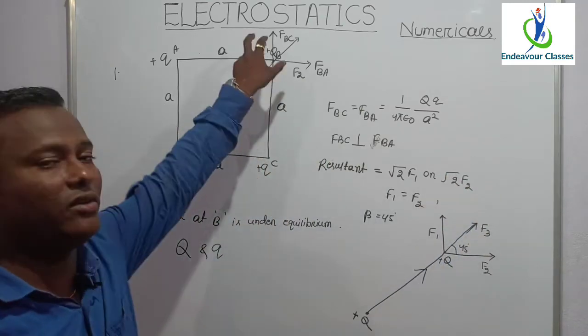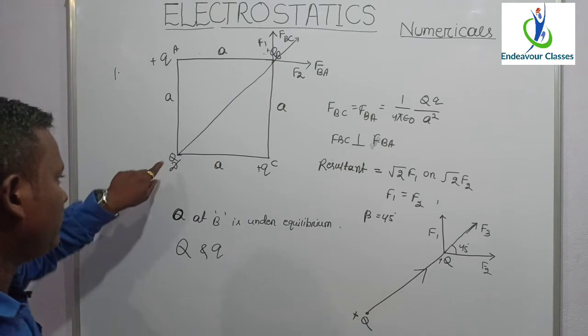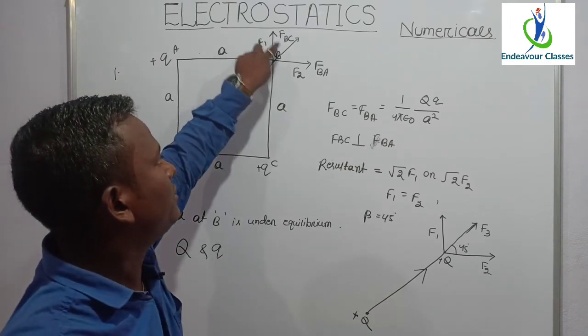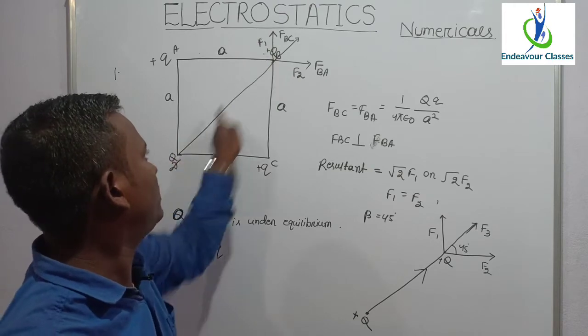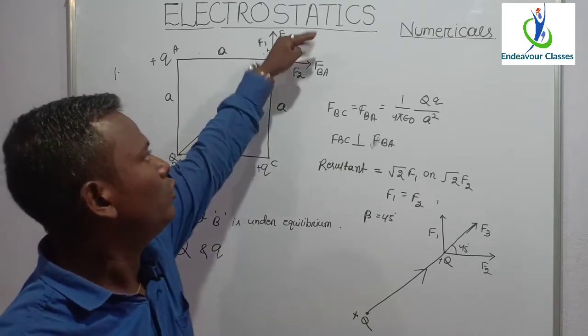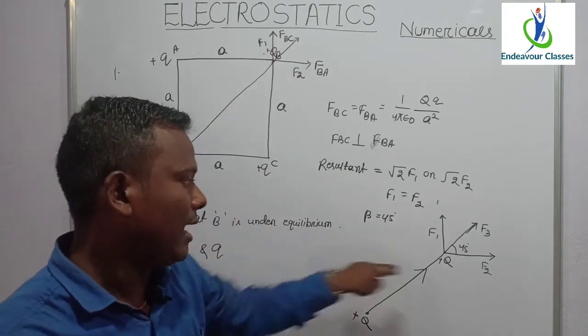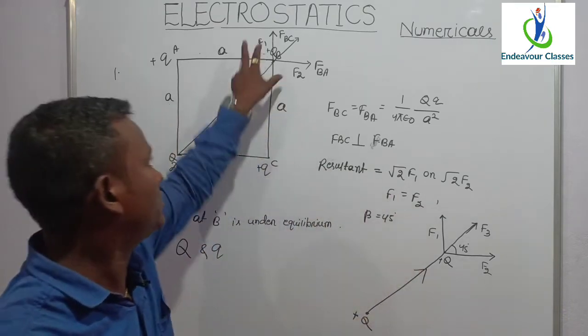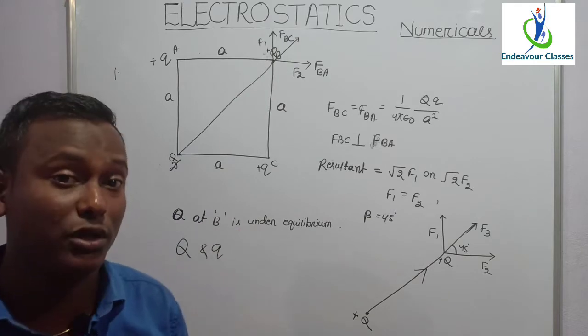So their resultant can never be equal to 0. If this charge is positive, then the resultant of these two and the force between Q and Q will go in the same direction and they can never cancel each other. So the resultant of these 3 forces can never be equal to 0.